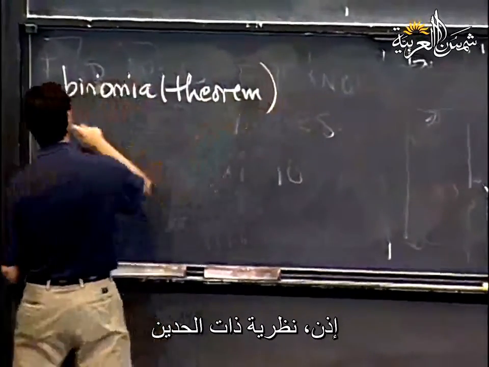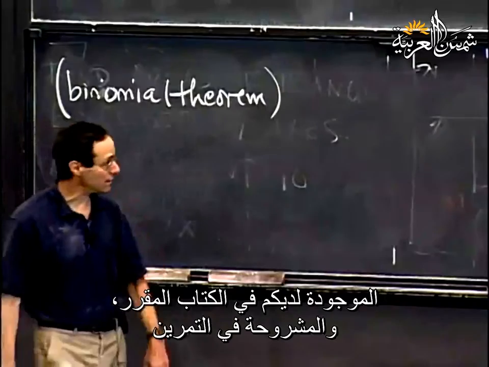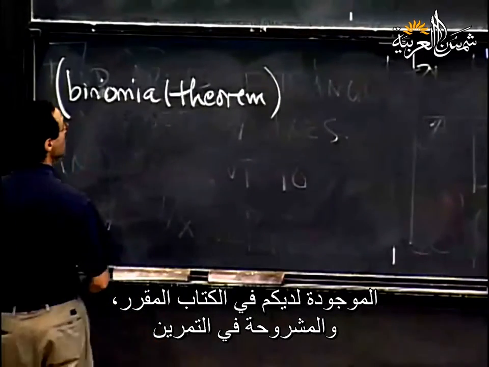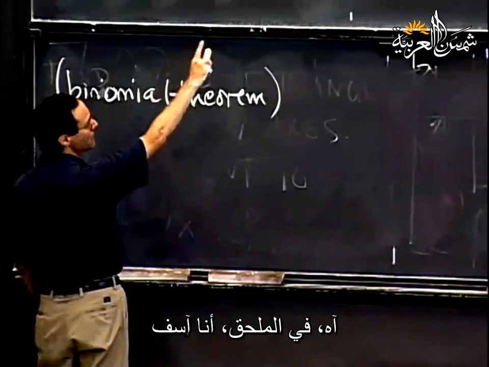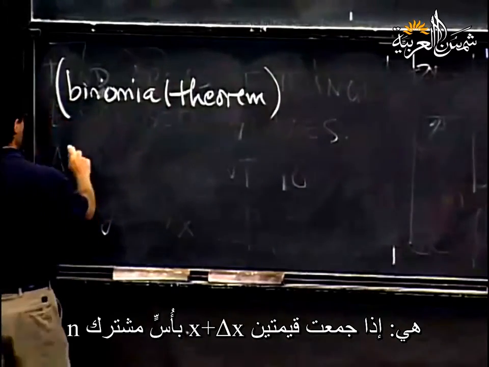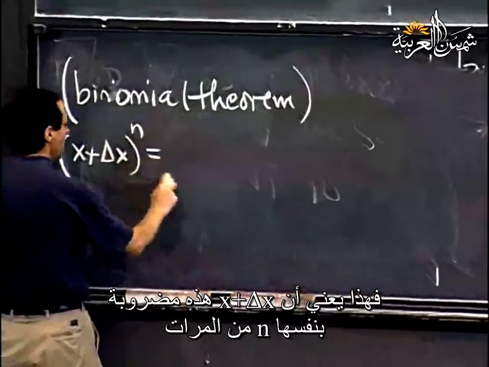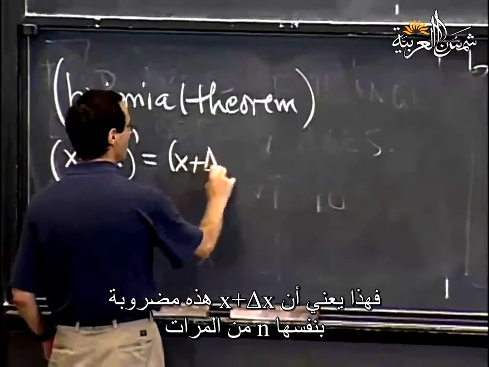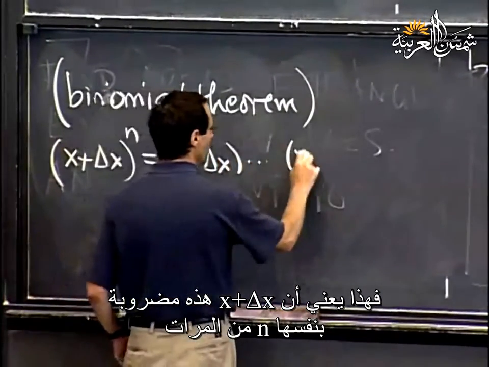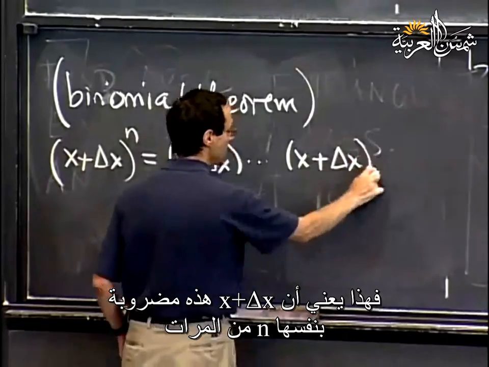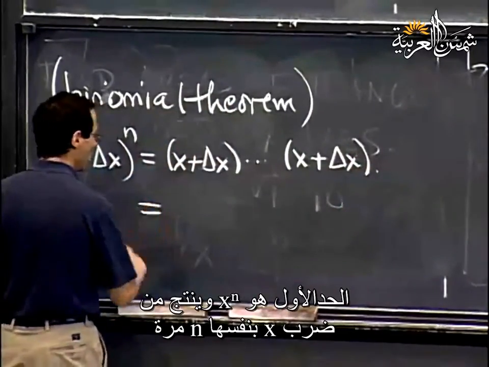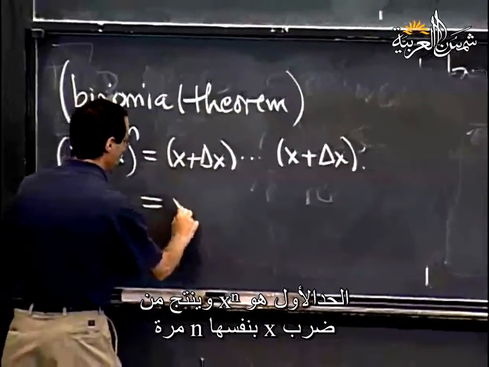So the binomial theorem, which is in your text and explained in an exercise in an appendix, says that if you take the sum of two guys and you take them to the nth power, that of course is x plus delta x multiplied by itself n times. And so the first term is x to the n.